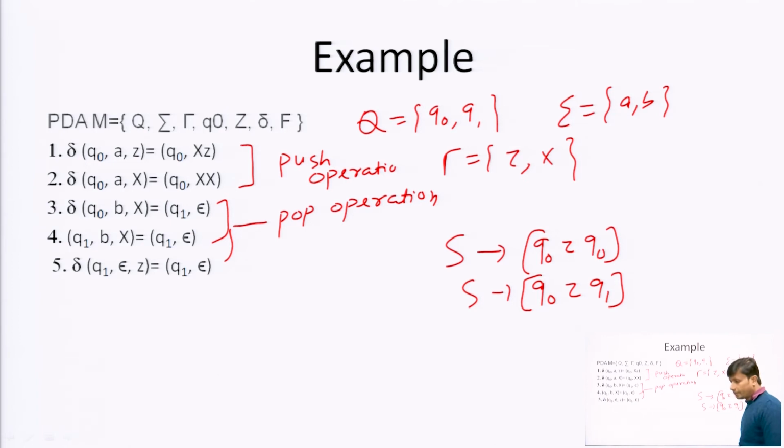This is the first production rule. S is the starting symbol of the grammar, and in your push down automata only two states are there, Q0 and Q1.